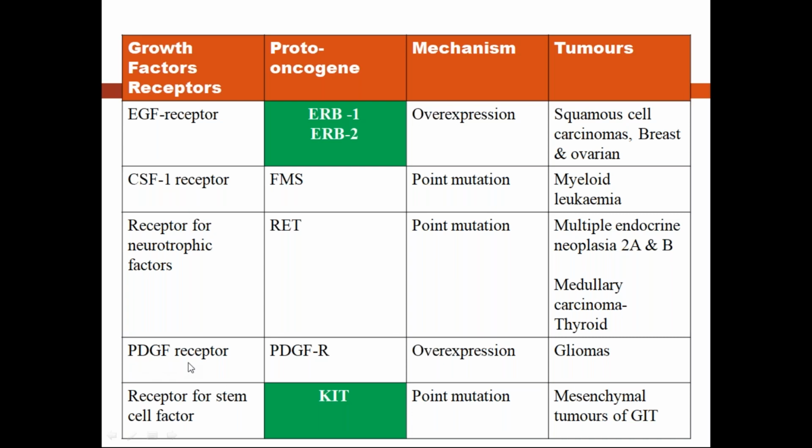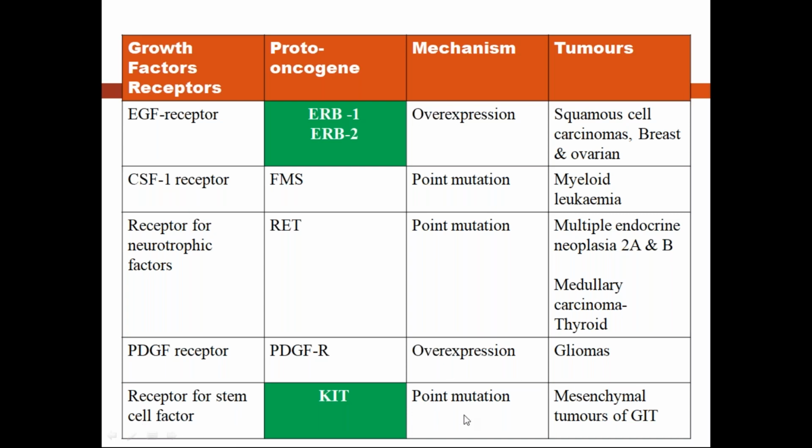The platelet derived growth factor receptor goes by the same name as its oncogene, platelet derived growth factor receptor oncogene. It is overexpressed in case of gliomas. Now this also is important when you study GIT: the c-KIT oncogene. The growth factor receptor is the receptor for stem cell factor.